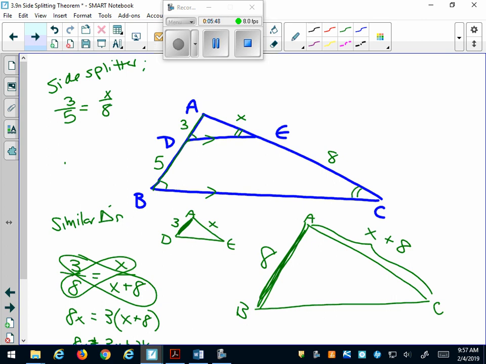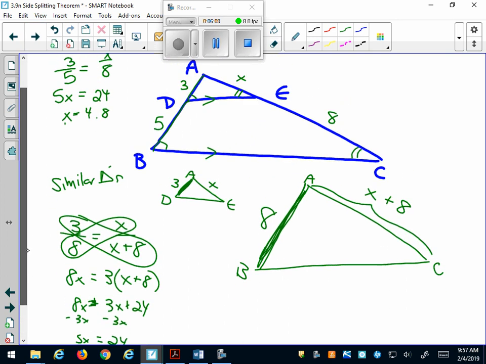Isn't that so much simpler looking? There's no distributive property. We don't have to worry about the x plus 8 on the side. Doesn't seem like it would come out the same, but sure enough it does. 3 times 8 is 24. 5 times x is 5x. X is 4.8. See what I said? Yeah.